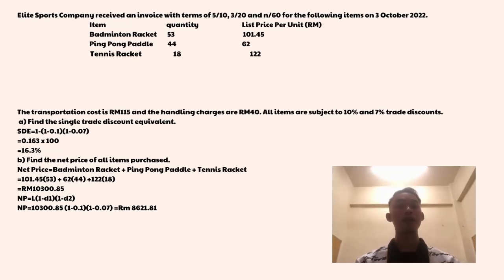So we use the formula NP equals L(1 minus D1)(1 minus D2). Net price equals 10,385(1 minus 0.1)(1 minus 0.07) equals RM8,621.81.